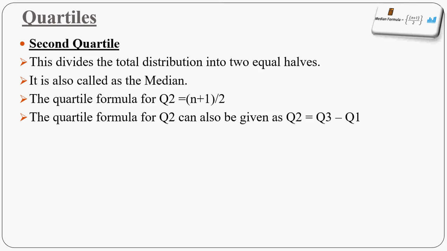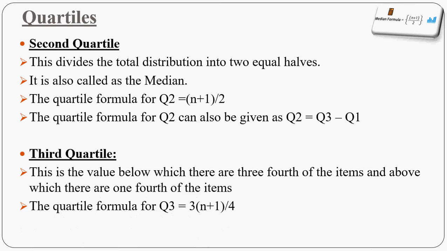Q2 can also be given as Q3 minus Q1. Suppose in a problem, Q1 is given, Q3 is given, and they are asking you to find Q2. Very simple: Q3 minus Q1. This is what you have to calculate.